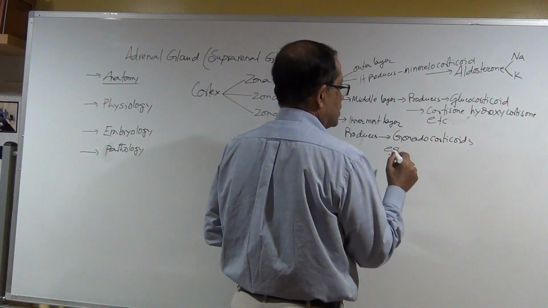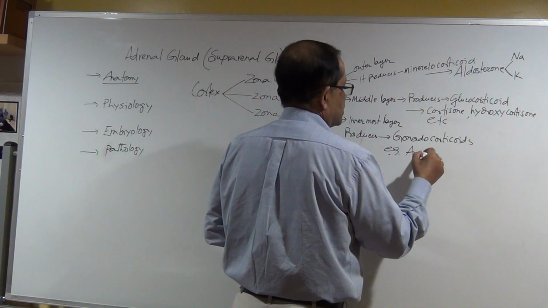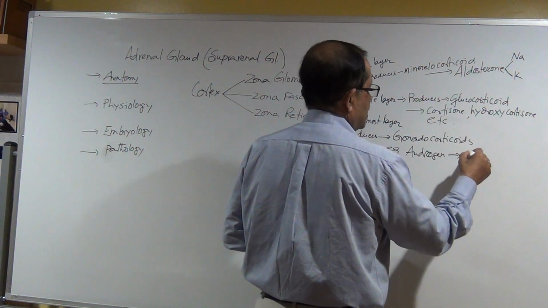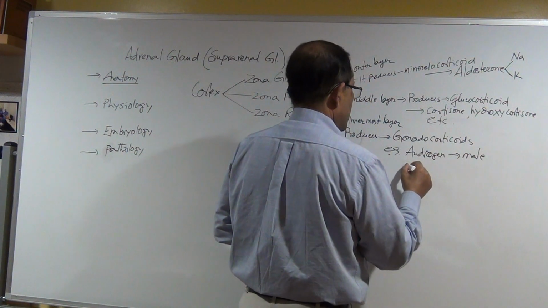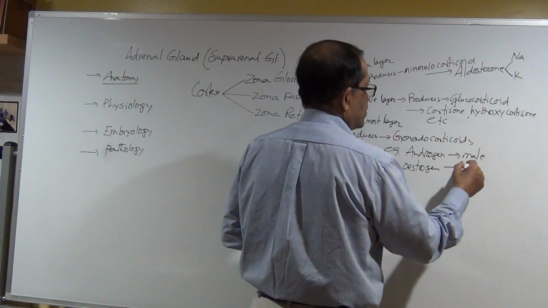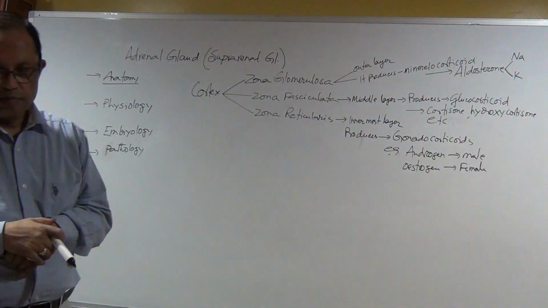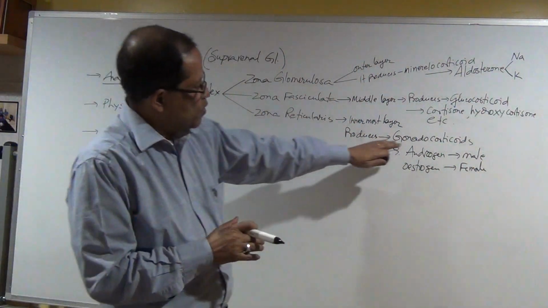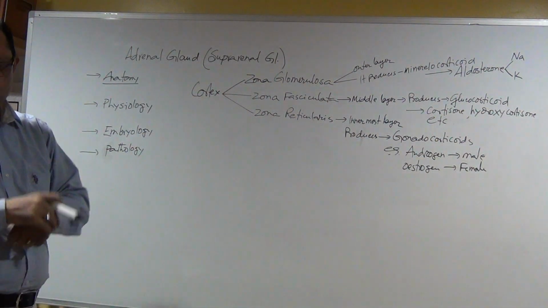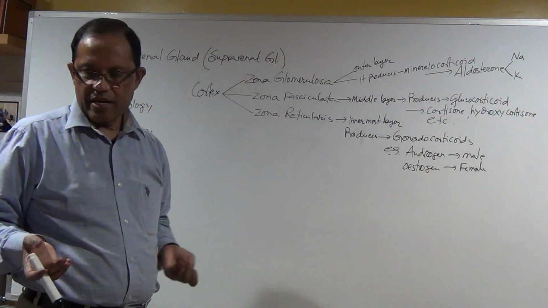Example, androgen for male, estrogen for female. Our adrenal glands also produce the gonadal hormones to maintain the female characters, to maintain the male characters.